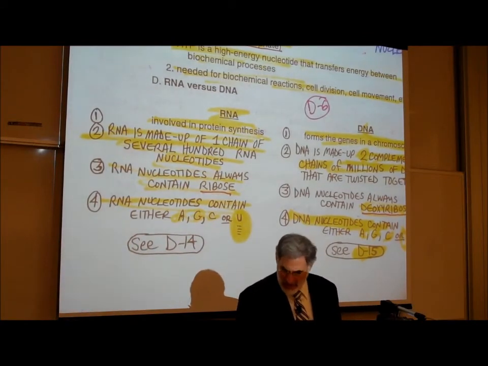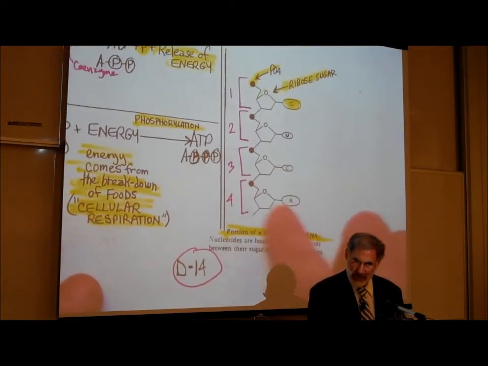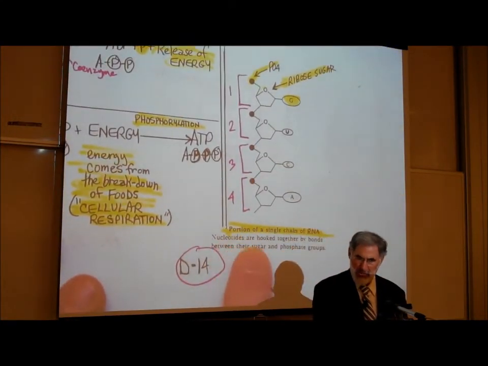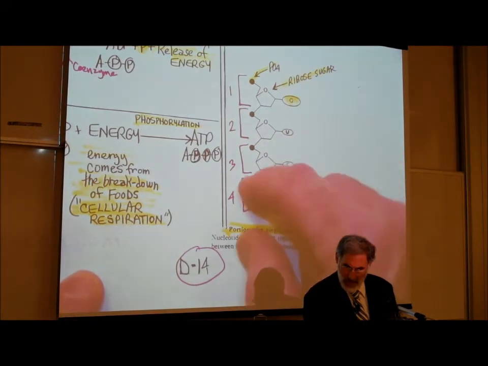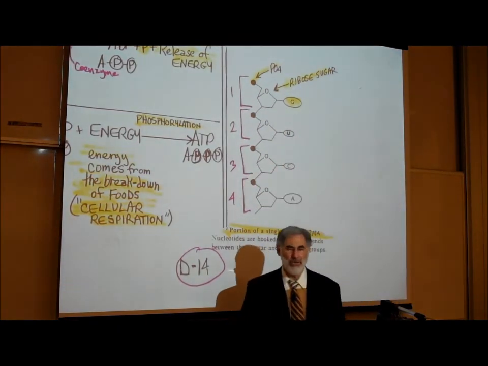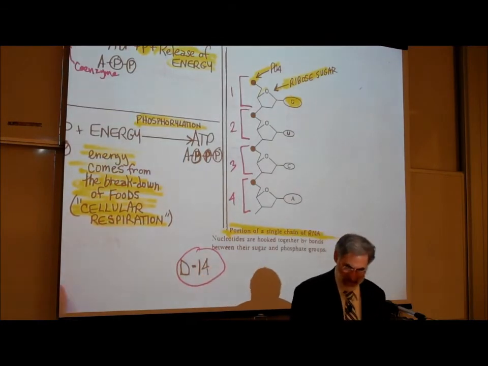And we actually had a picture of that on page D14. So on D14, there was a picture, on the lower right, of a portion of an RNA molecule made up of 1, 2, 3, 4 RNA nucleotides. In reality, it would be made up of hundreds of RNA nucleotides.